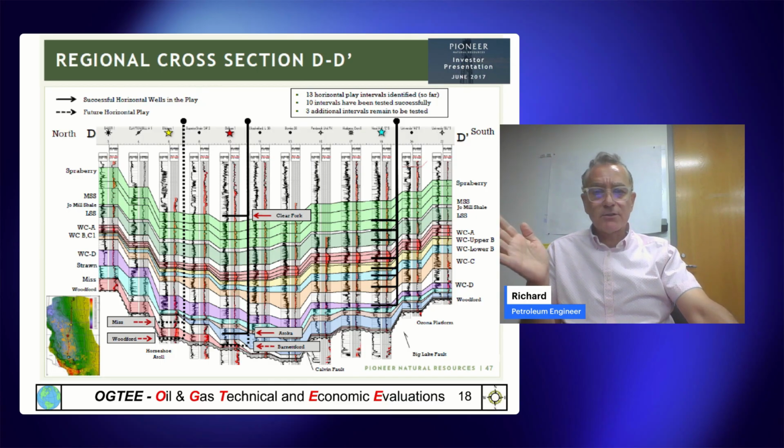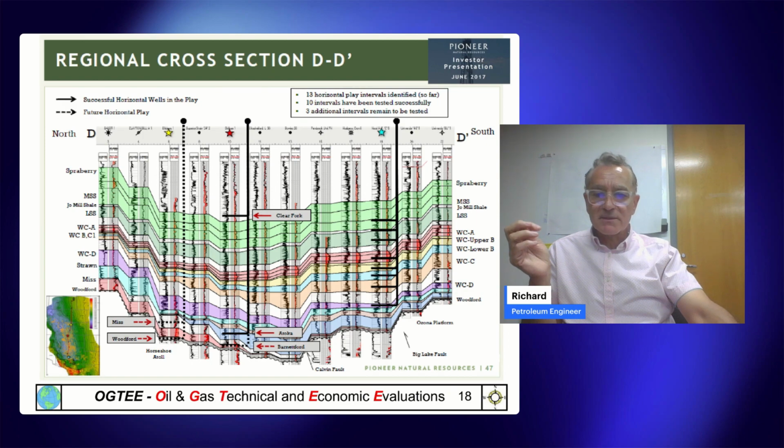So at the time in June of 2017, 13 horizontal play intervals had been identified. 10 intervals had been tested successfully. 3 additional intervals remain to be tested. And I'll just point out here at the very bottom what the targets were that were remaining to be tested.